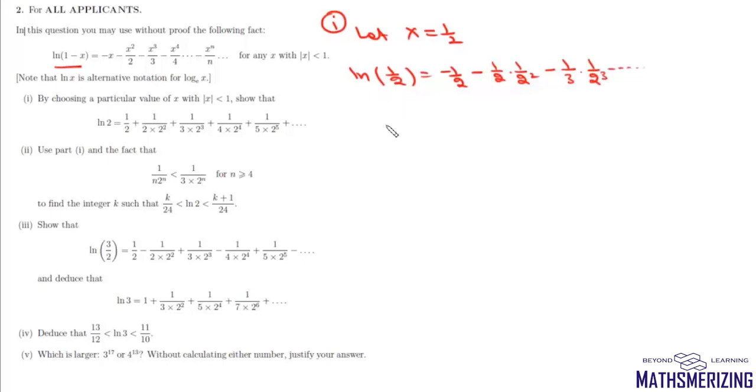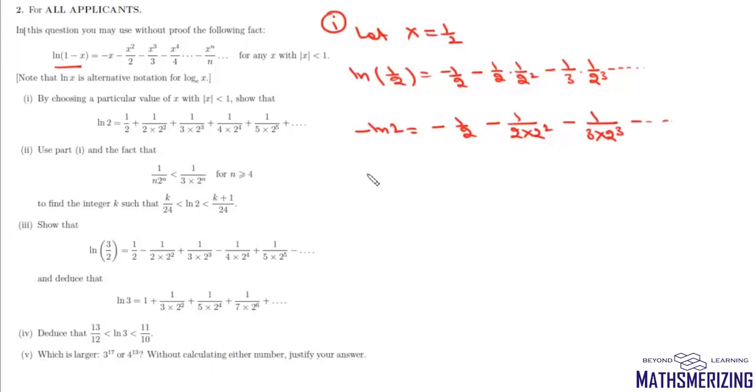Now ln 1 by 2 is minus ln 2. So it will be minus ln 2, and that will be equal to minus 1 by 2 minus 1 upon (2 into 2 square) minus 1 upon (3 into 2 cube), so on and so forth.